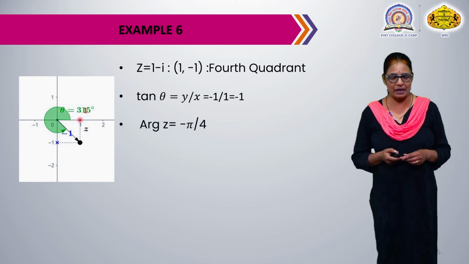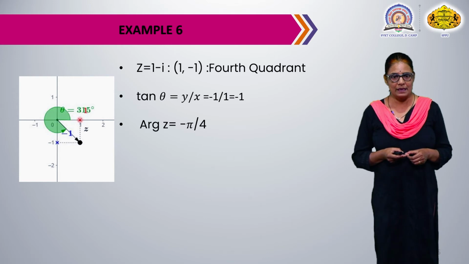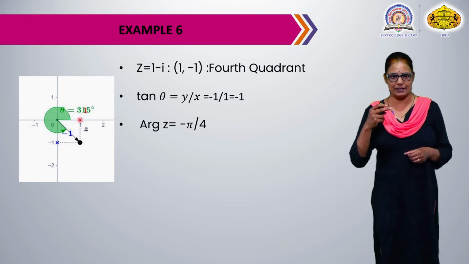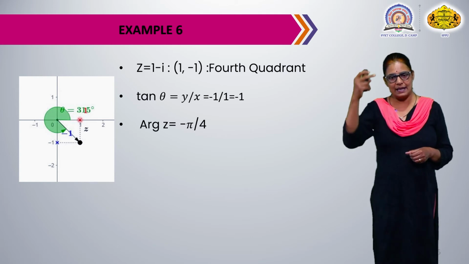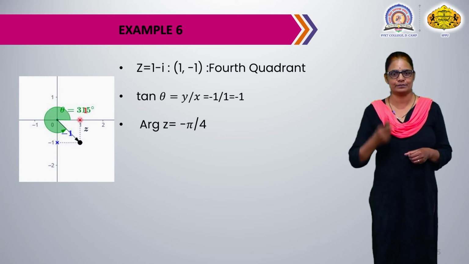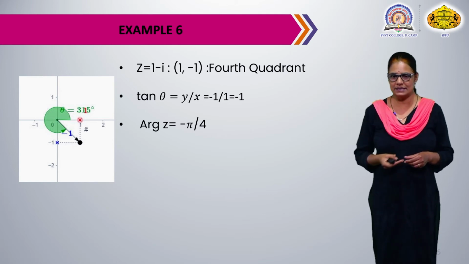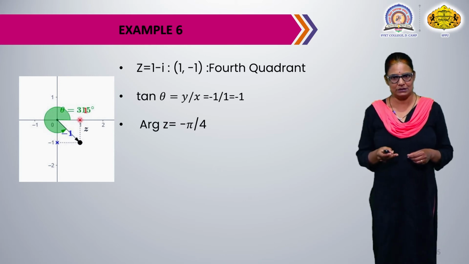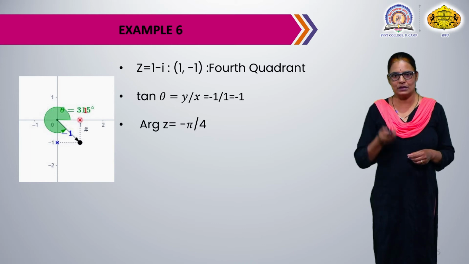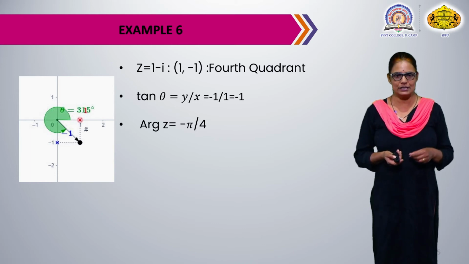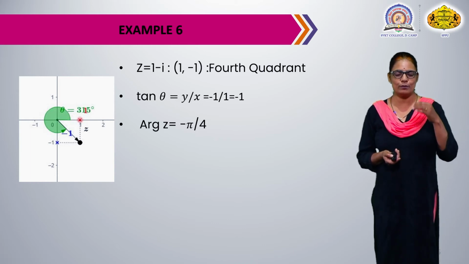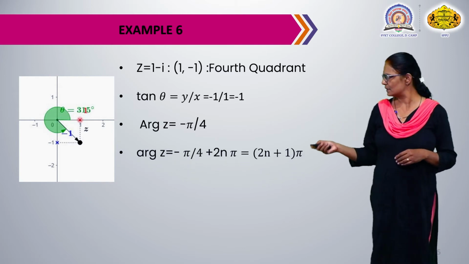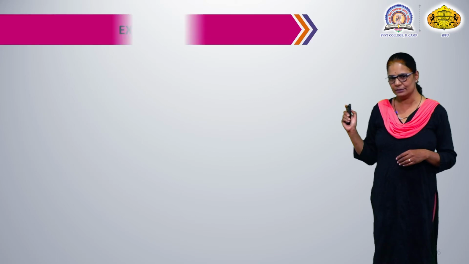That is, we count this angle in the clockwise direction from the real axis to the radius vector z, and that's why I have written minus pi by 4. So the argument of z is obtained by just adding 2n pi to the principal argument. So this is our result, that is obvious.